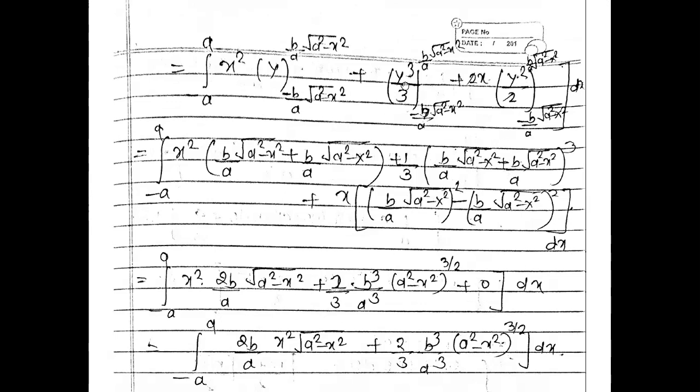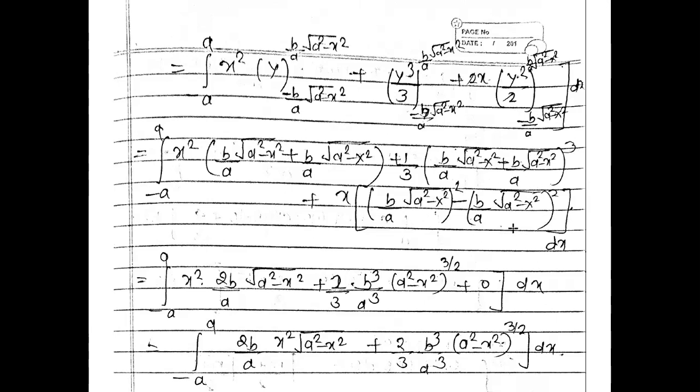So when you apply the limit, upper limit minus lower limit, minus minus will be positive, and there is a cube here, so apply cube, and the last limit will be 0 because upper limit square minus lower limit square gives 0.